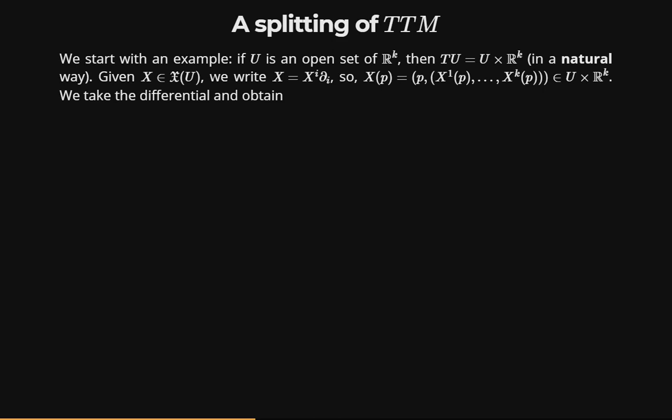Now, given a vector field on U, so now we use the language of manifolds for just an open set in R^k and see what happens. Given a vector field, x^i partial i, the value of the vector field at p is (p, x^1, ..., x^k), because the vector field is a section, so it's a map from U to the tangent bundle.